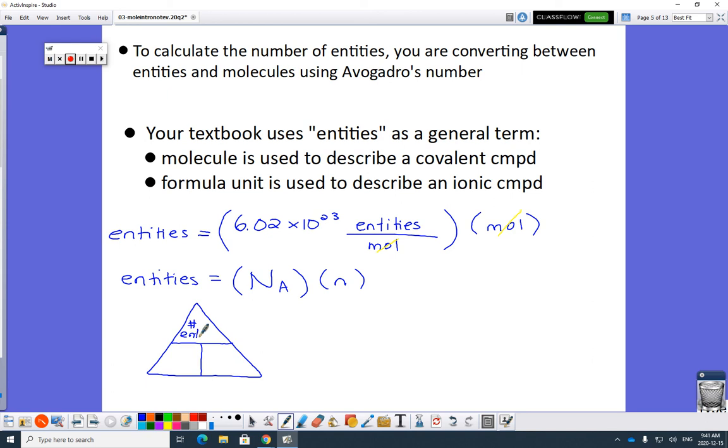Actually, that's not hashtag, that's number. Again, some people, if you choose to look up the videos, they'll call it particles instead of entities. It all means the same thing, okay?